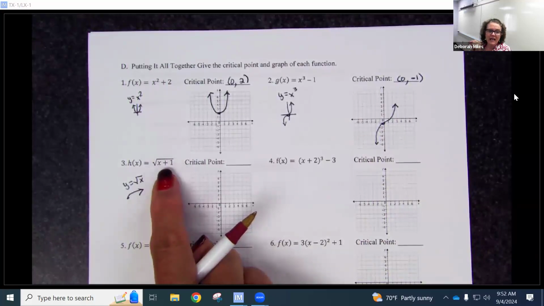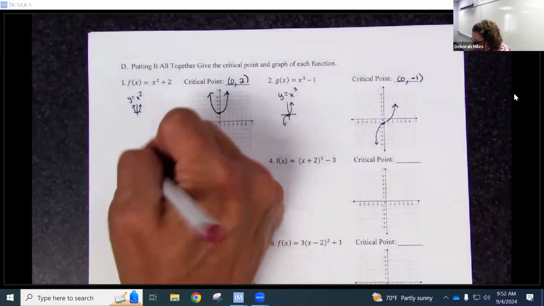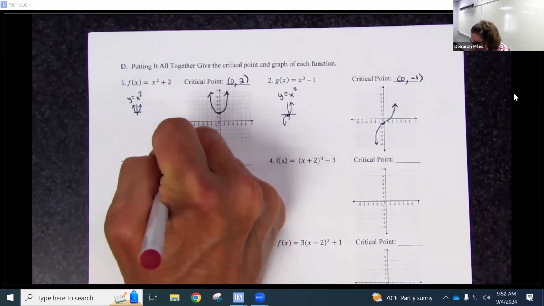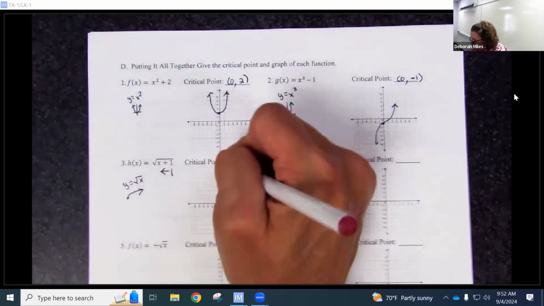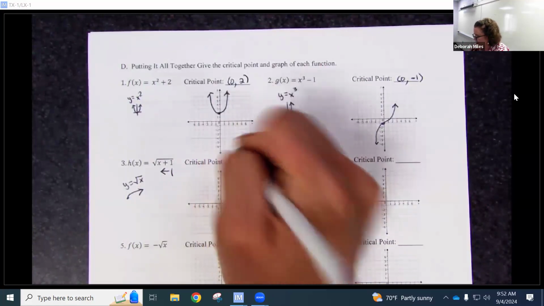You add 1 to x before you take the square root. It's inside the function, so it's a horizontal shift. And you have to remember that horizontal shift always works the opposite of what you expect. Adding 1 before you take the square root actually moves the graph to the left 1. So my horizontal shift is -1.